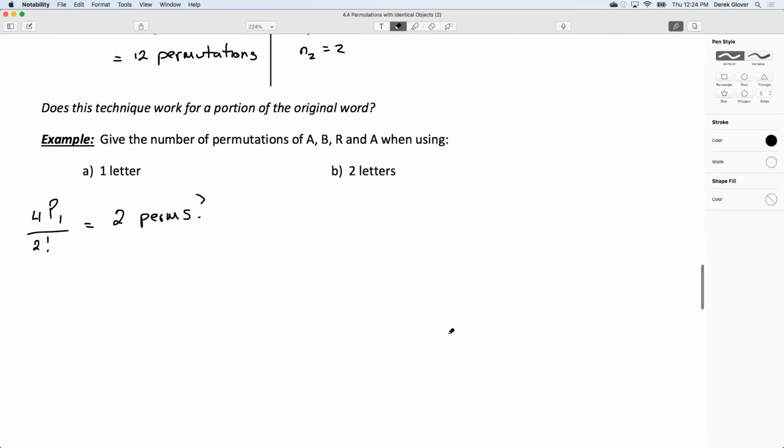If we actually list out the number of 1-letter combinations, we would have A, B, R, which is 3 permutations. So does it work? No, it doesn't work.